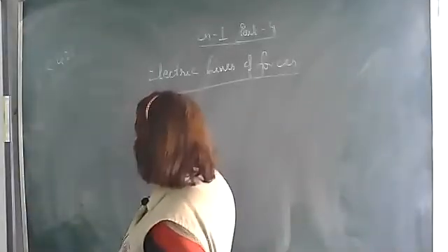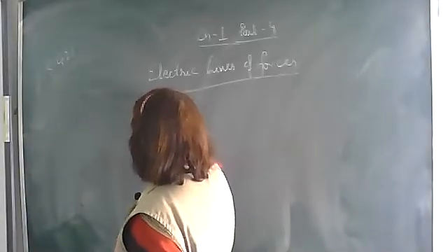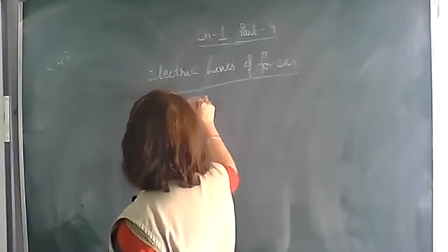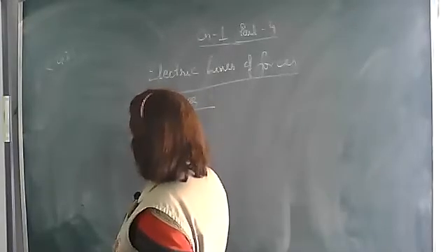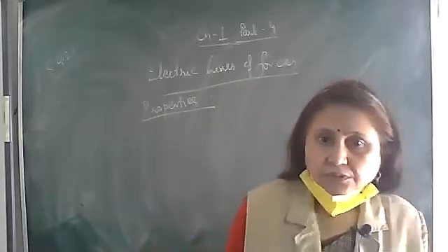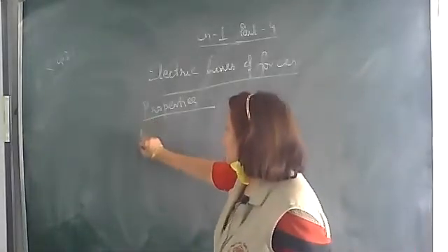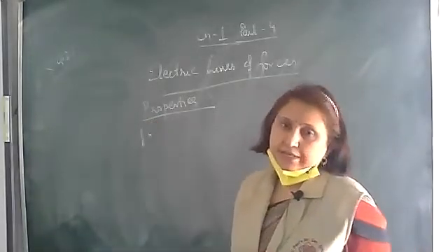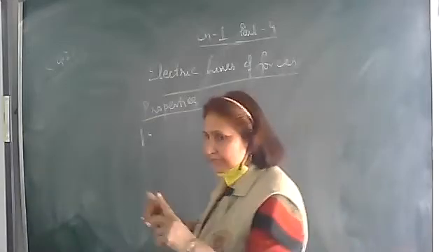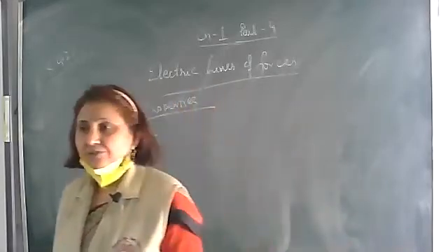Okay, now a few properties of electric lines of forces you have to remember. Properties of electric lines of forces. Okay, first one: the tangent to the line of force gives the direction of the electric field intensity. As we said, these imaginary lines give the direction of the electric field.